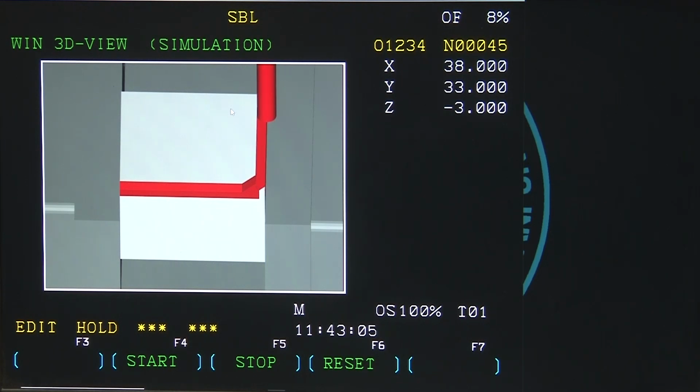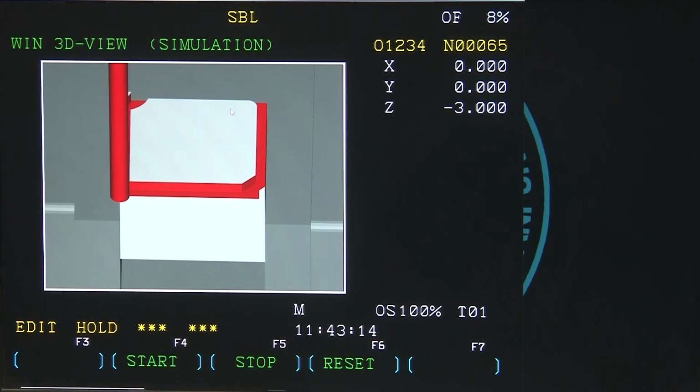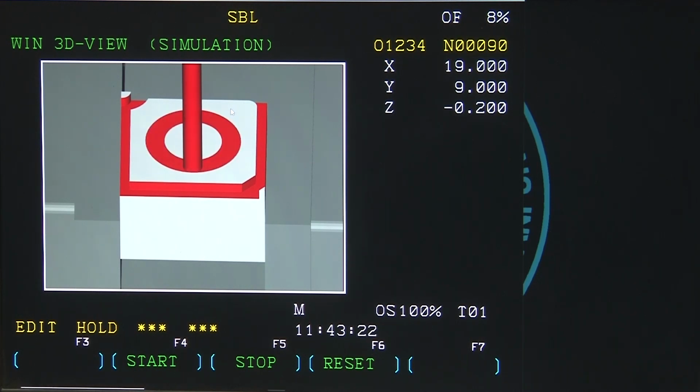You see that movement of the tool shown in red, and in white is the workpiece, the workpiece material is removed, and it moves exactly to make the workpiece that is given in the drawing, and you can find out that the tool is moving according to the drawing.